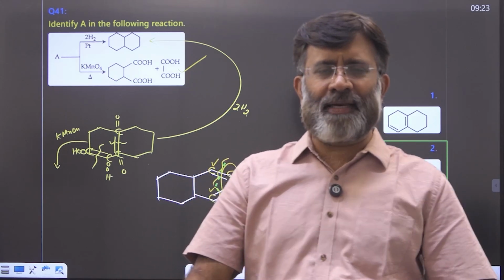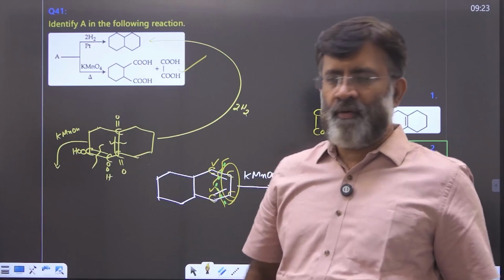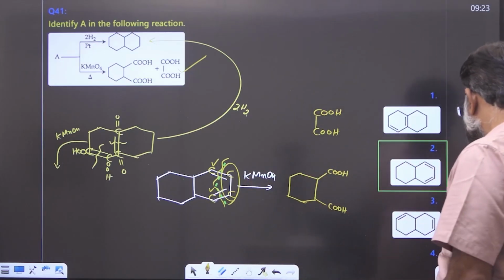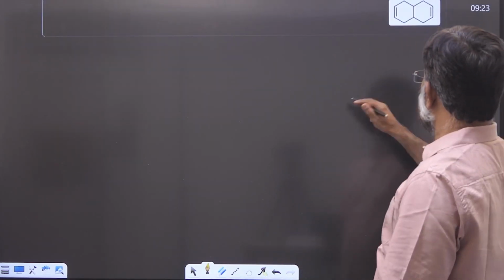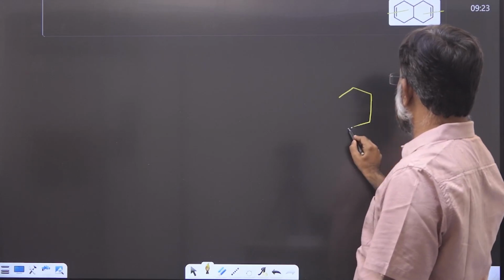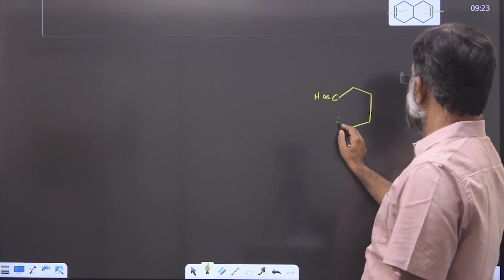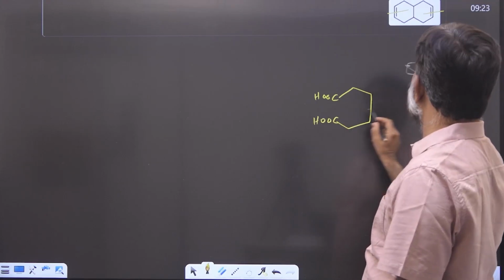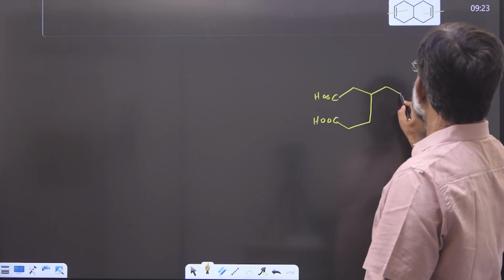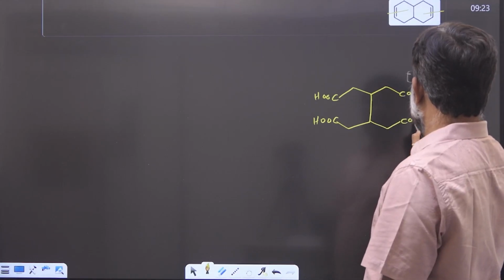And about options 3 and 4, you can verify what will be the nature of the product. For example, if you take option 4, what will be the product obtained? It's going to break here, it's going to break here. You will get COOH, please verify, COOH, isn't it? COOH, COOH.